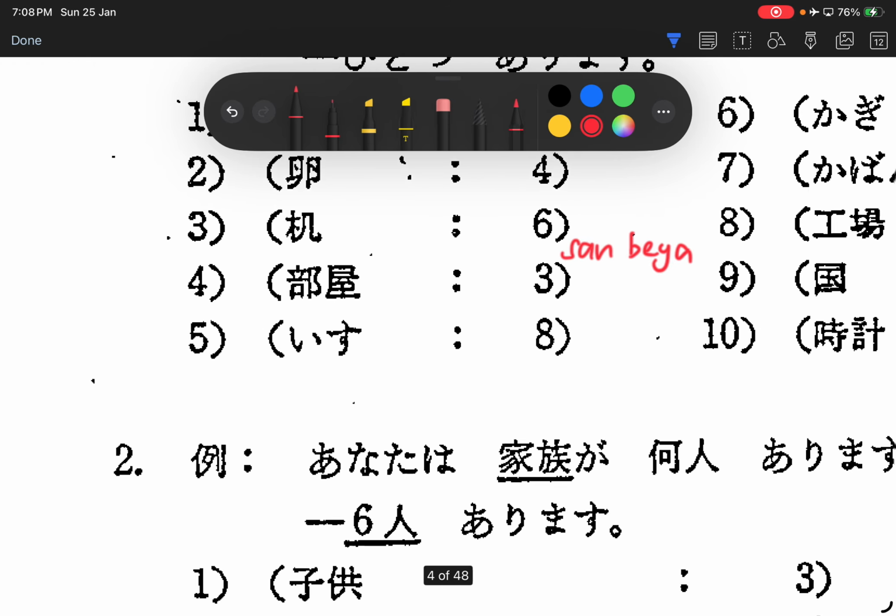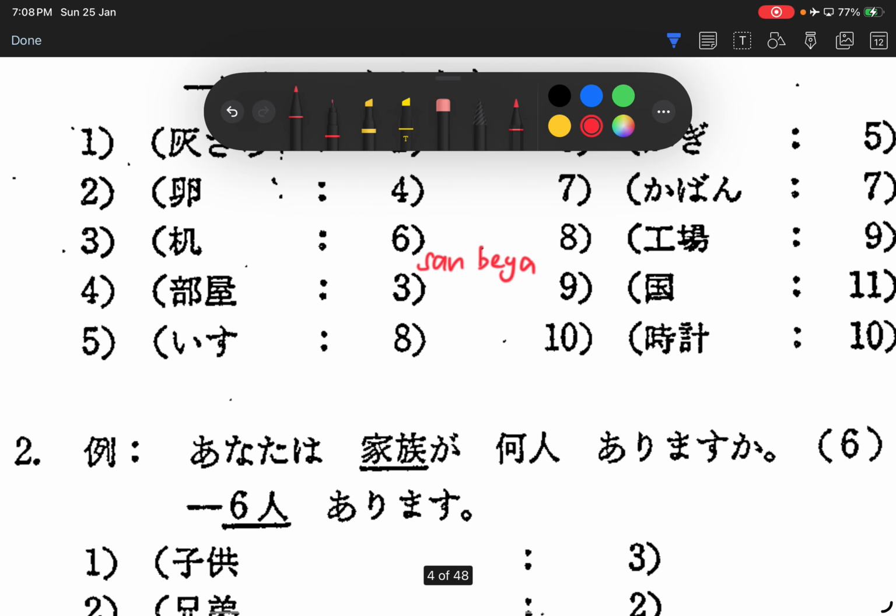Okay? So we count this a bit special. But if you cannot remember this 部屋 then we just use 3つ. Okay? If you cannot remember the 部屋 just say 3つ. Number 5, 椅子, 8. Yes, Rachel? We never answered the previous one.